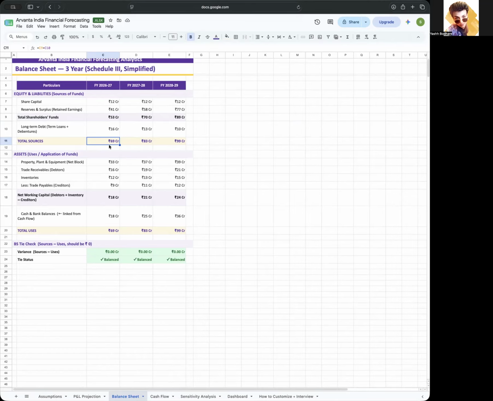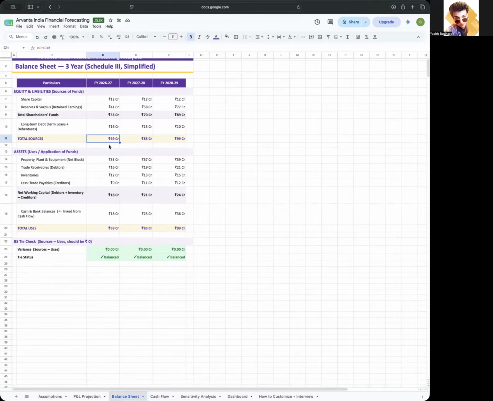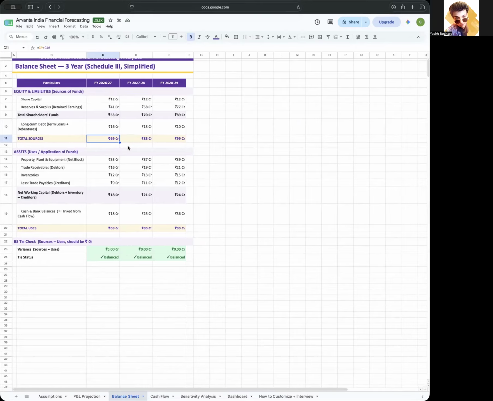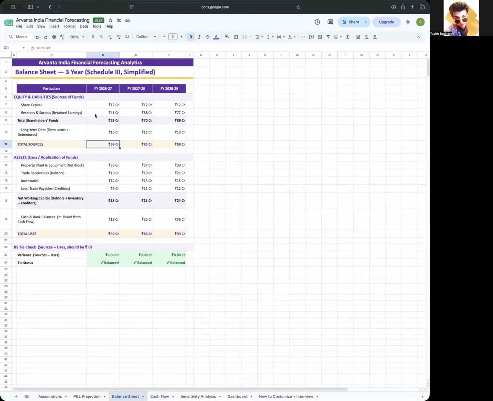This total amount must exactly equal the total assets of the company. The formula we are using here is C9 plus C10, that's total shareholder fund plus long-term debt. And that's how we are getting it here. And yeah, I think it's going great for the company.